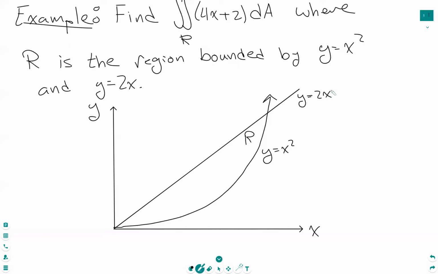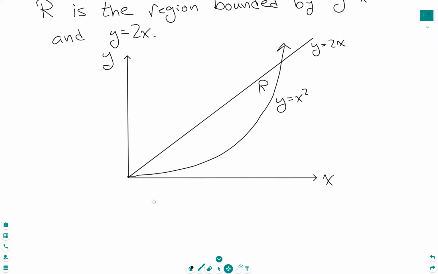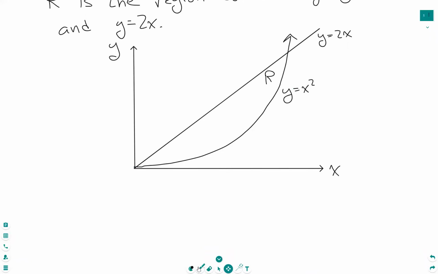Okay. So before I even start thinking about if this is a type 1 or a type 2, I'm going to need those intercepts, regardless of what type that I want to cast this as. So I'm going to go ahead and find those intercepts. I certainly know that they both pass through the origin, but I need to find this other point here.